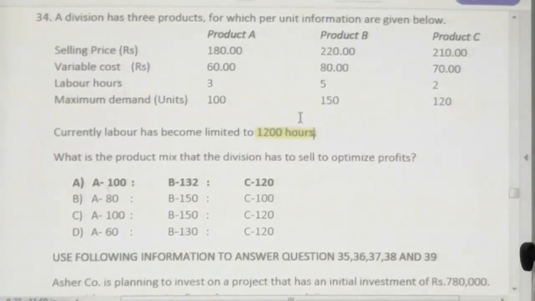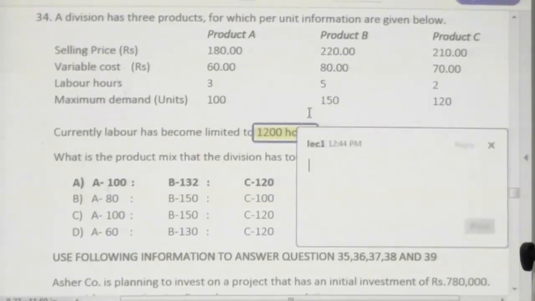Now currently you have 1200 hours. You have only 1200 hours, but you require for A 3 into 100, that is 300 hours. For B you require 5 into 150, that is 750 hours.